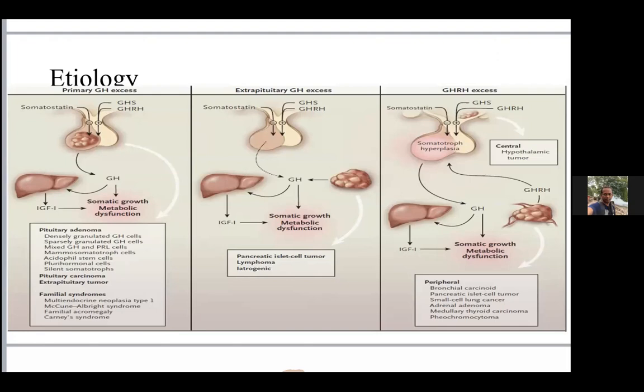Other than that, growth hormone is also stimulated by other factors like low sugars, hypoglycemia, increased amino acids, increased fatty acids, and exercise. These are the four things which stimulate growth hormone.